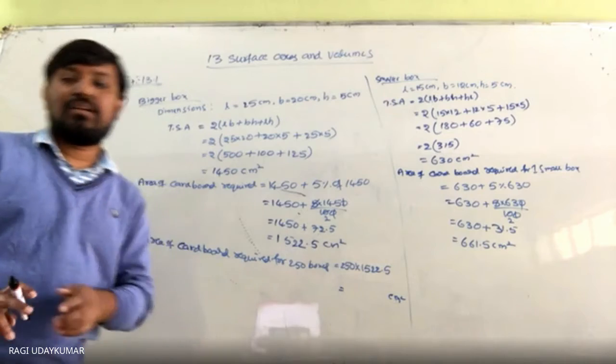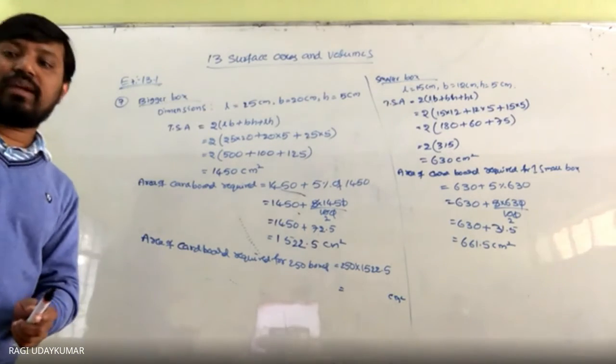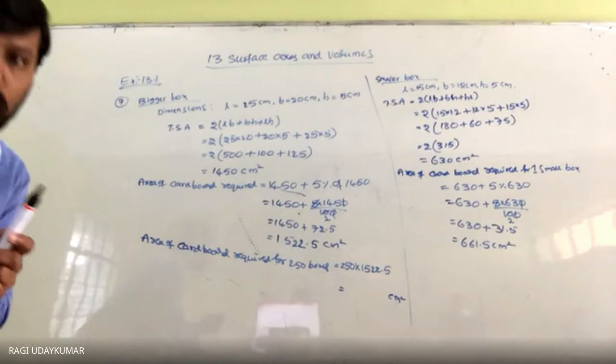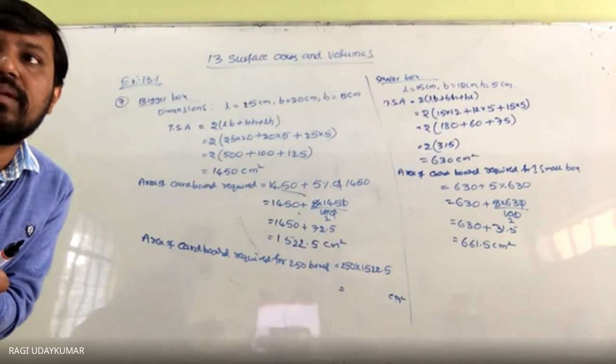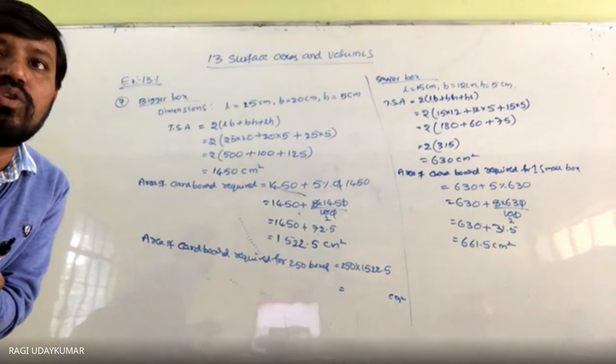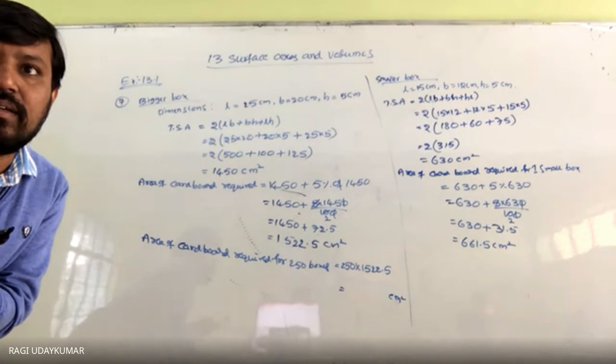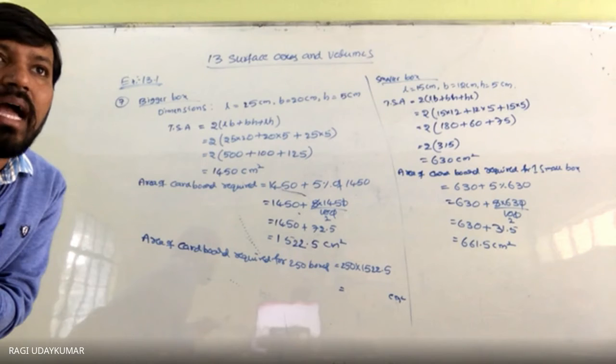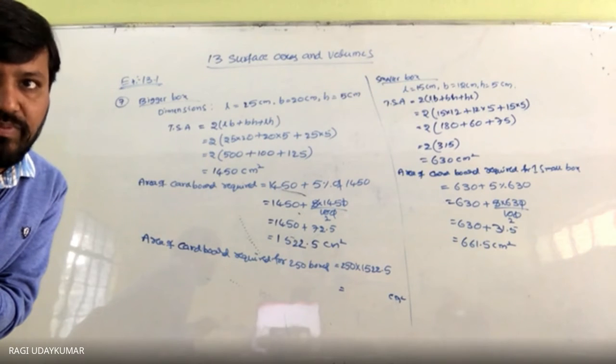It is given that the cost of 1000 centimeter square is 4 rupees, so what to do? Divide by 1000 and multiply by 4.